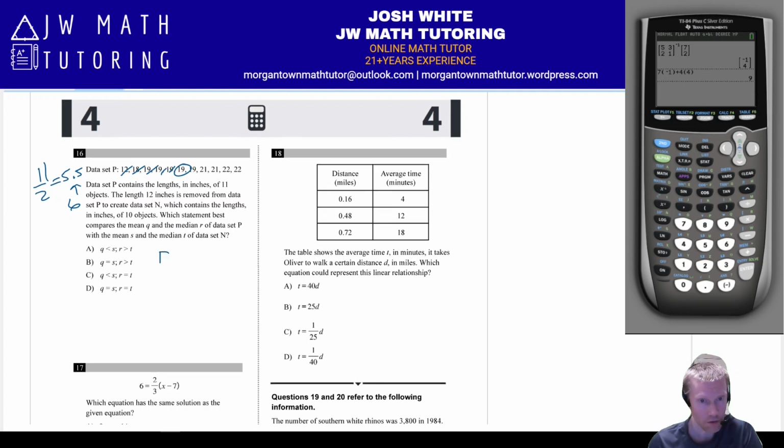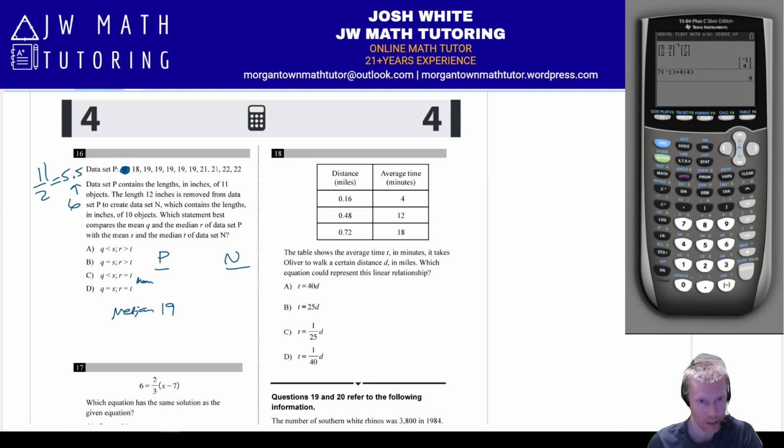Okay, so the way I would do this, I'm just going to have P and N, and I'm going to have mean, and then median. P is the original, therefore it is going to have a median of 19. Now, if you take away the 12, pretend it isn't there, we have 10 items, so the median is technically the average of the fifth and sixth items.